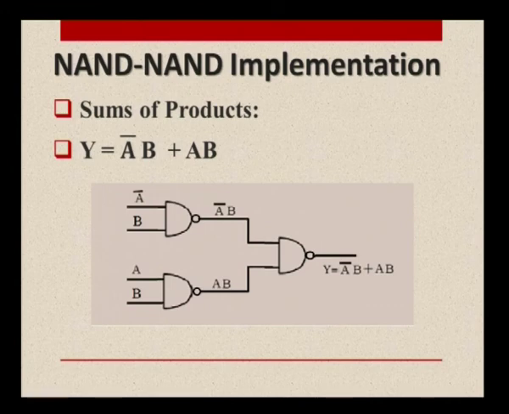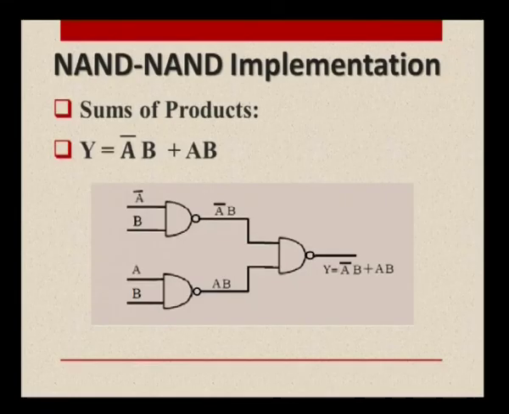So finally, what is the conclusion? If the expression is in the form of sum of products, then we need to use the NAND gates for implementation. I hope you have understood how the sum of products and product of sums forms are implemented using the NAND and NOR gates respectively.